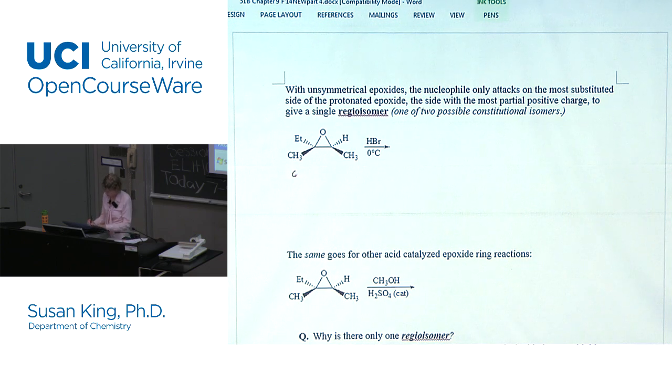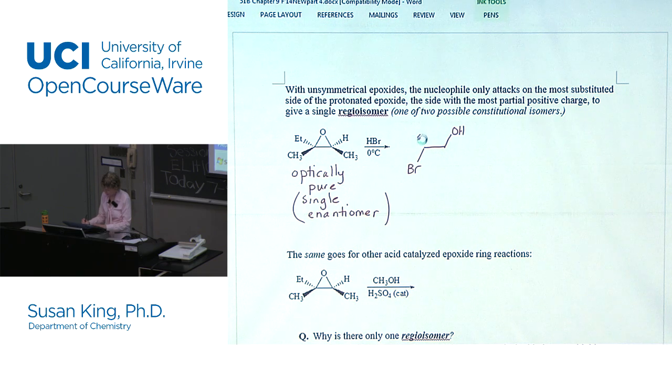Okay, so we're going to start off with an optically pure single enantiomer. All right, what do we get? Here's our product, and we're going to go through how we get that. Only one product, a single product.